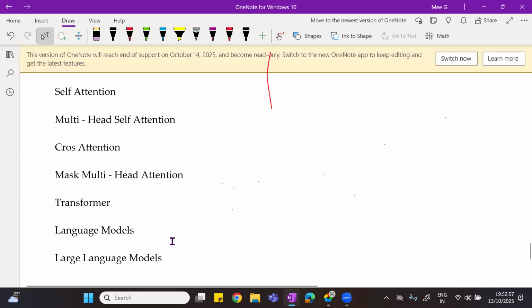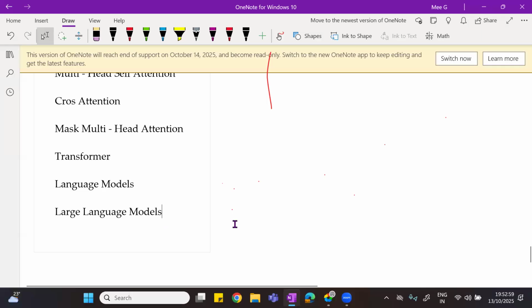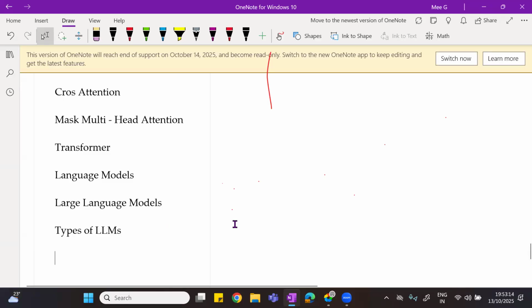Okay. And there are types of LLMs. Okay, and then BERT model, BERT, sorry, and GPT. See, you should understand one thing over here.